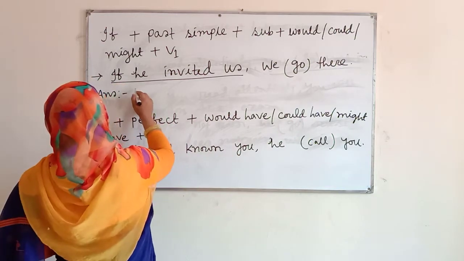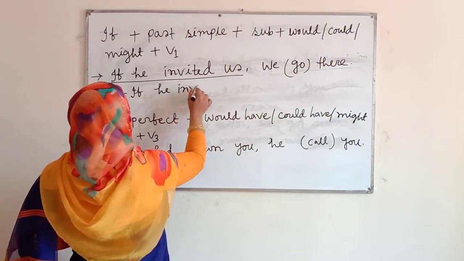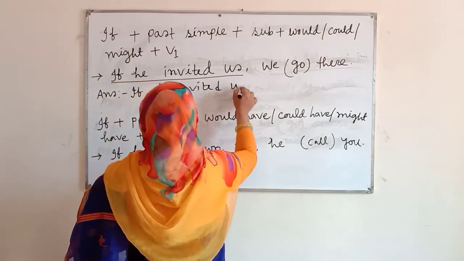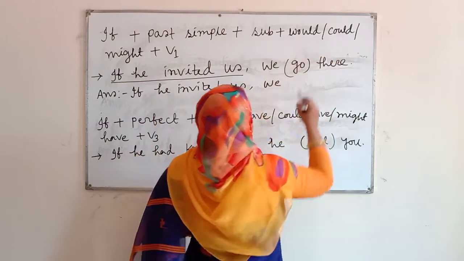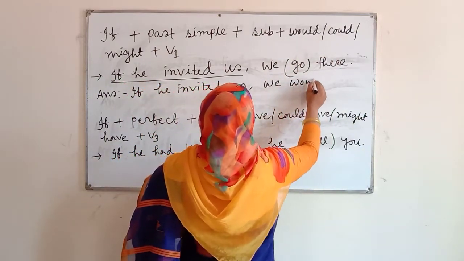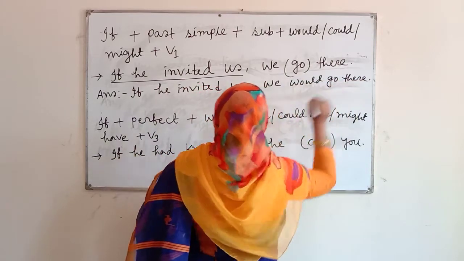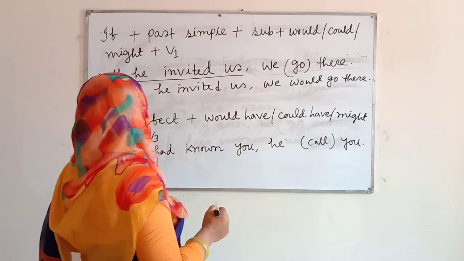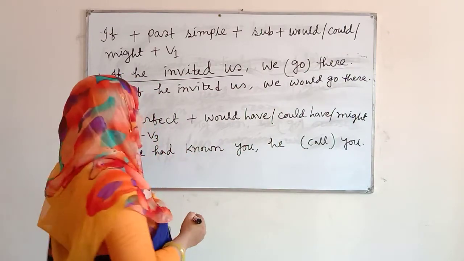Now our answer will be if he invited us, you can use any one of these, would, could or might. We would go there. Answer is if he invited us, we would go there.